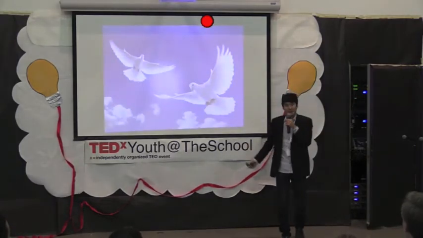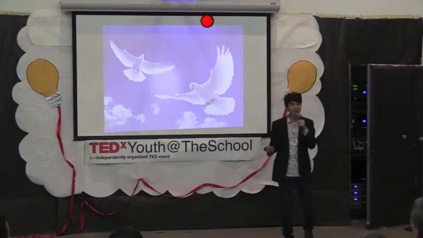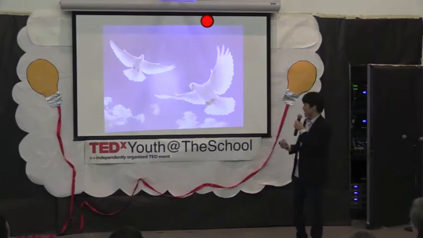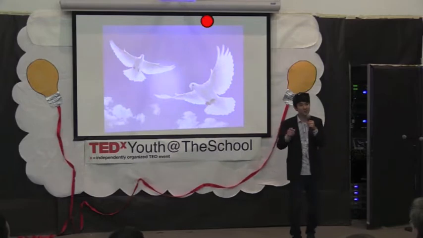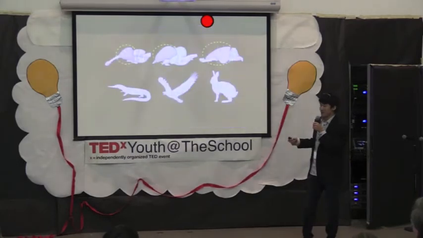So one of the examples that I'm going to show you today is what my research group has been working on extensively, which is to look at the story of how birds obtained their specialized brain for flying.